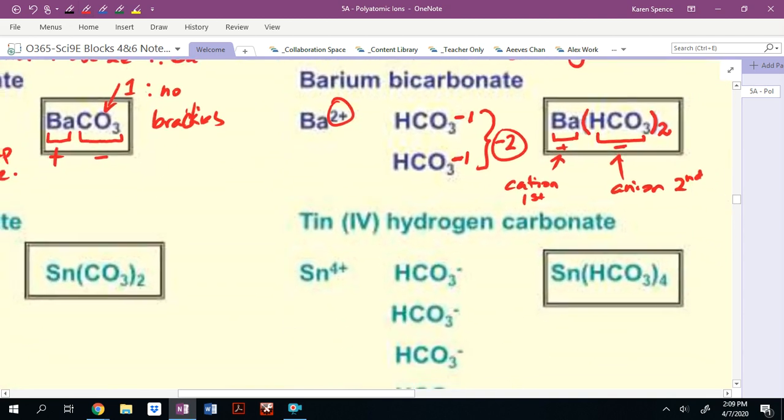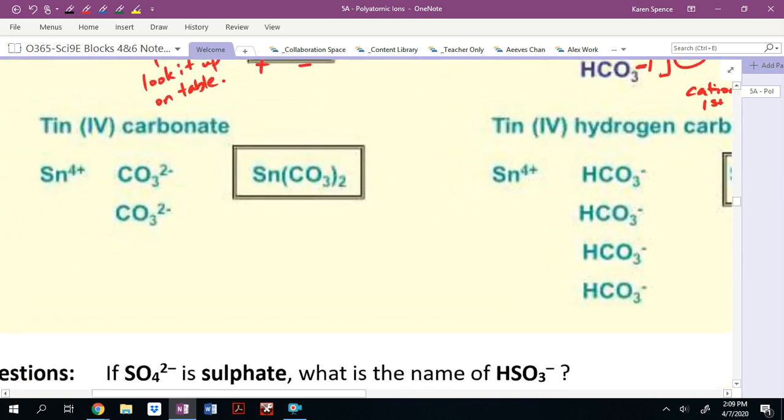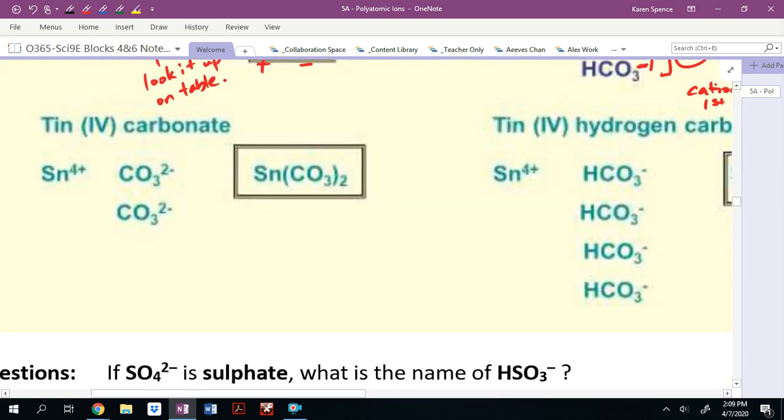Okay, and finally, for today, we will look at tin. And because tin is in the red zone, that means that it is, what's that word that starts with M? Multivalent.